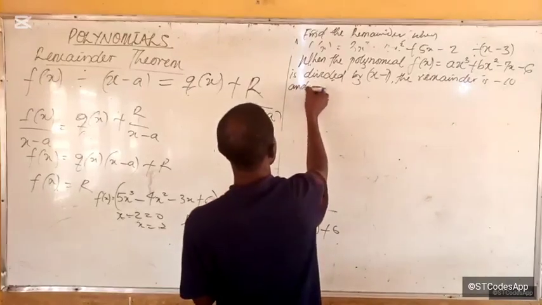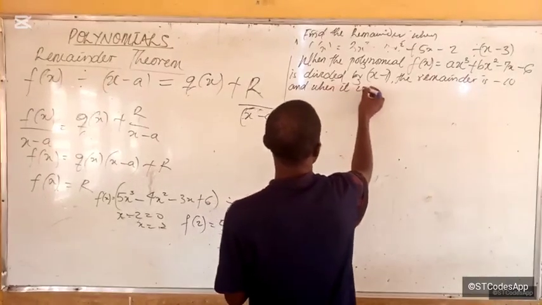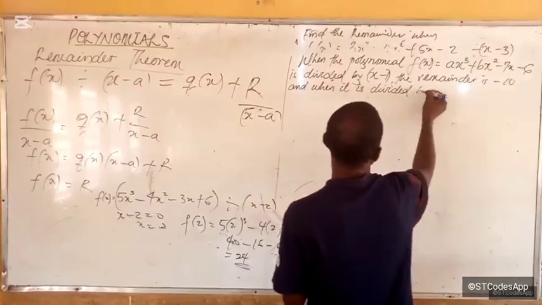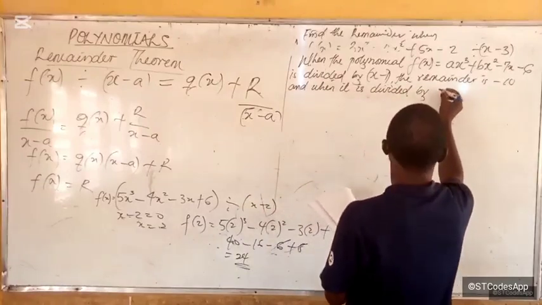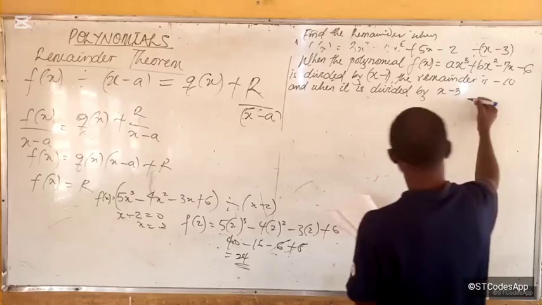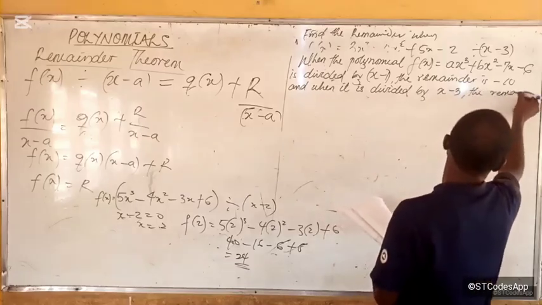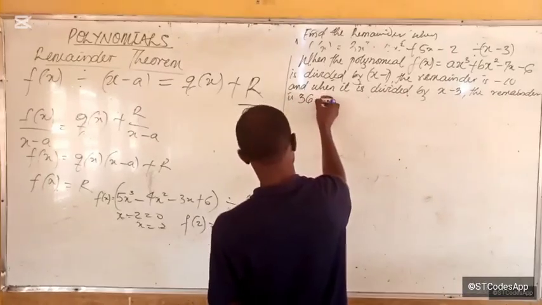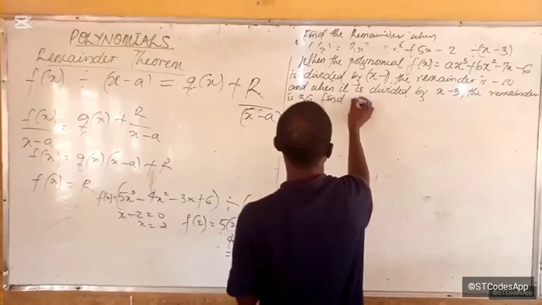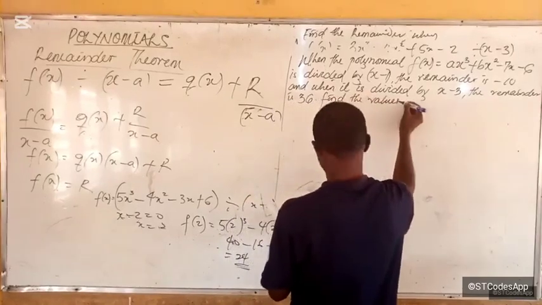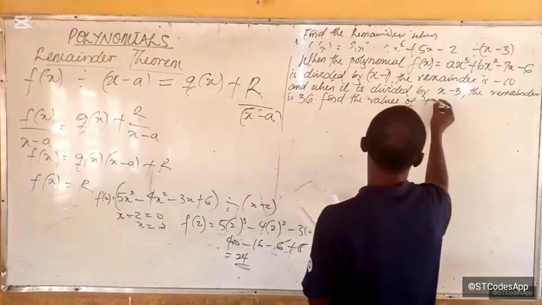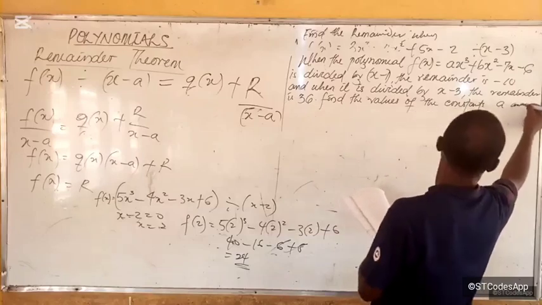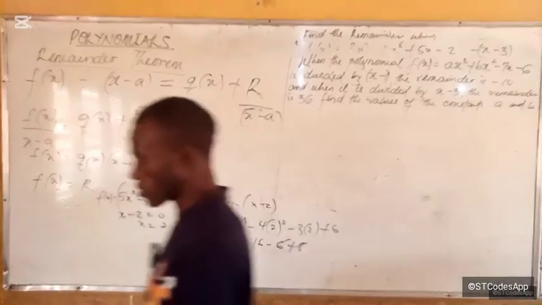And when it is divided by x minus 3, the remainder is 36. Find the values of the constants a and b. All right, so let's attempt this question.